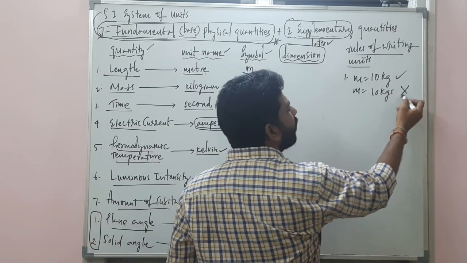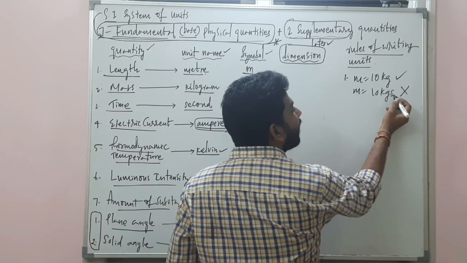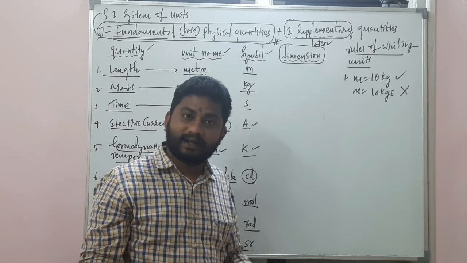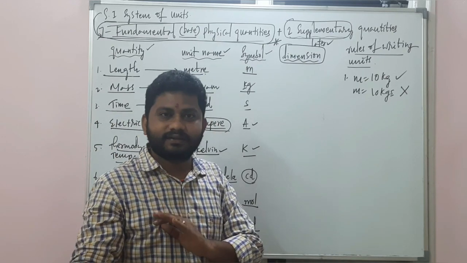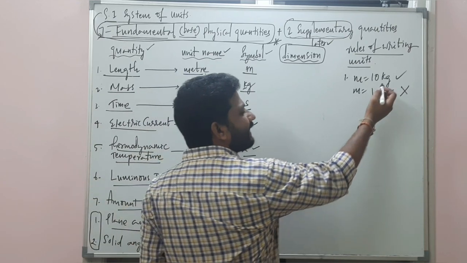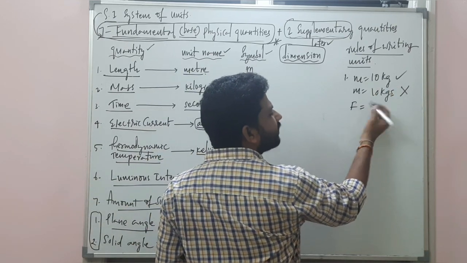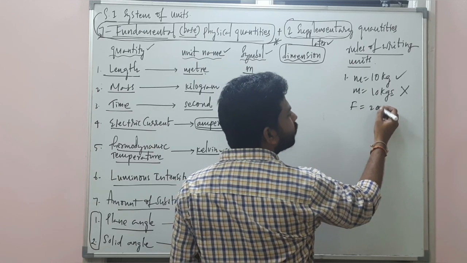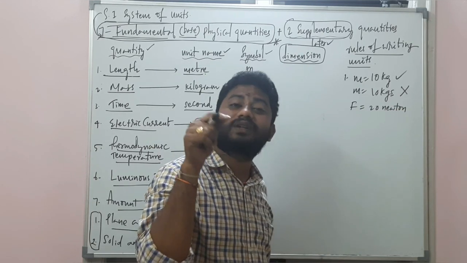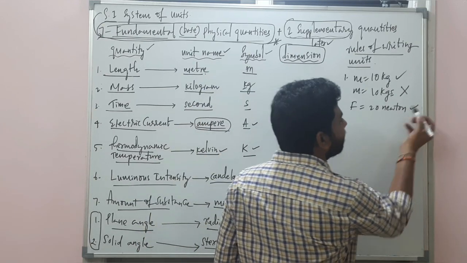This is wrong because I have used the plural here. Kilograms, seconds, meters, that's wrong. Newtons, no. Right? So I can say the force acting on a body is 20 newton. That's it. It's not 20 newtons. Understand? That's correct.